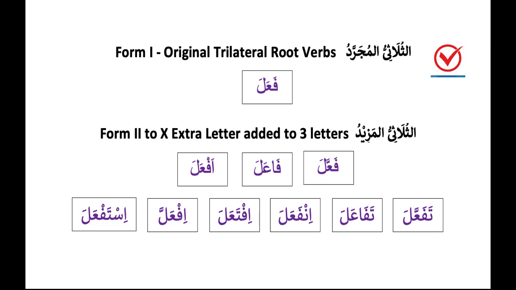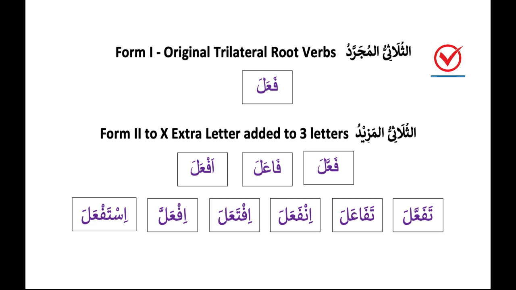So as we know, fa'ala is original trilateral root verb, and there are many others in that group which is called as-thulathiyul mujarrad. Remember the meaning of the word al-mujarrad, which means original. As-thulathiyu is 3.